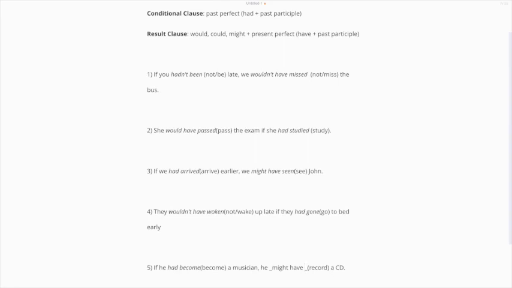Might have recorded, it's a regular verb, so that means we're only going to add ed at the end. He might have recorded a CD. So the complete sentence is, if he had become a musician, he might have recorded a CD.